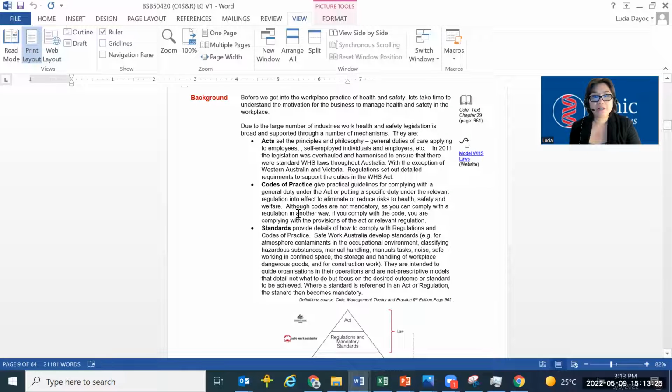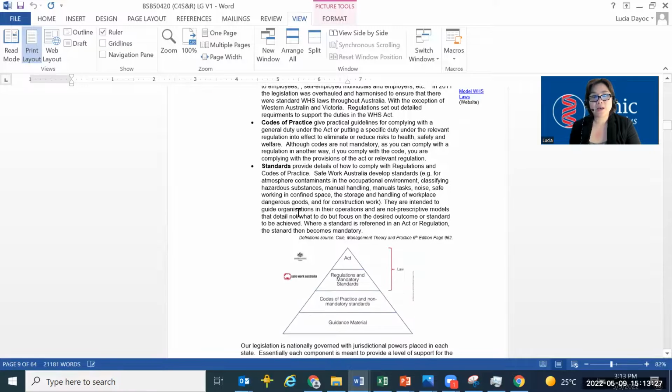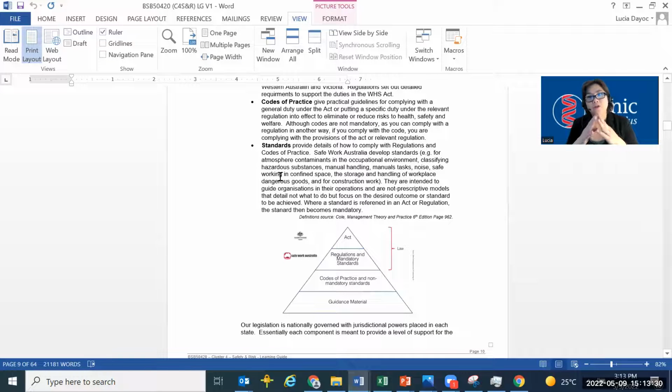Now, just to explain how this goes, we have the act right on top, which is the basis of everything else at the bottom, including what we call the regulations and mandatory standards.